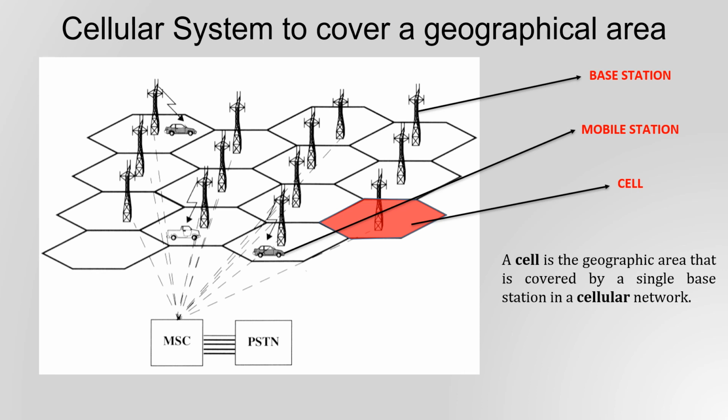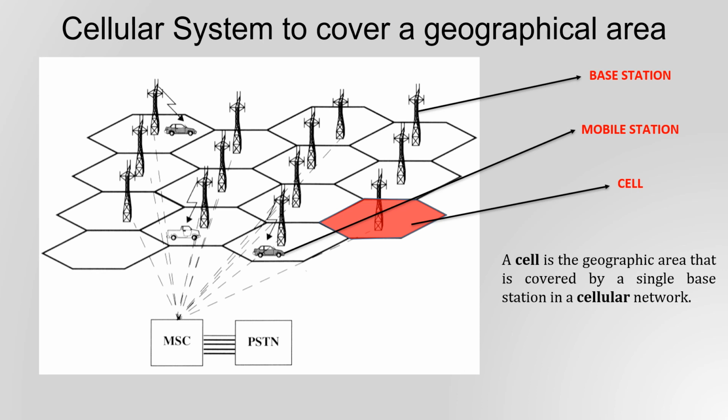You can also see that the mobile stations move in this geographical area, which can be any vehicle or people carrying mobile phones with them. Can you see? This is what we call the base station, and this is what we call the mobile station. Can you see a vehicle over here? This is what we call the mobile station.